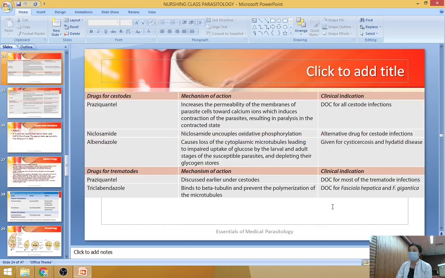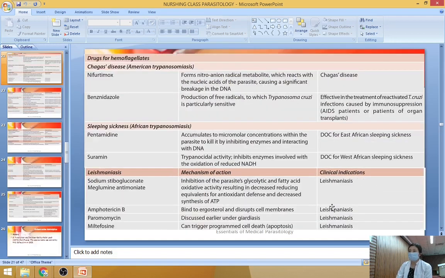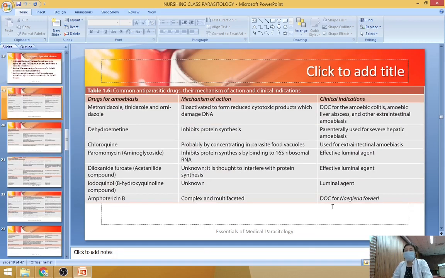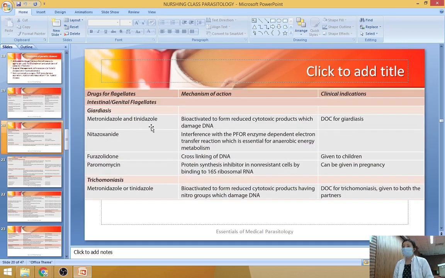Here in these drugs, I think I forgot to mention something. The common area is finished, but I missed some points. Then common antiparasitic drugs: metronidazole, tinidazole, or nidazoles are important. Then amphotericin B is also important for Naegleria fowleri.